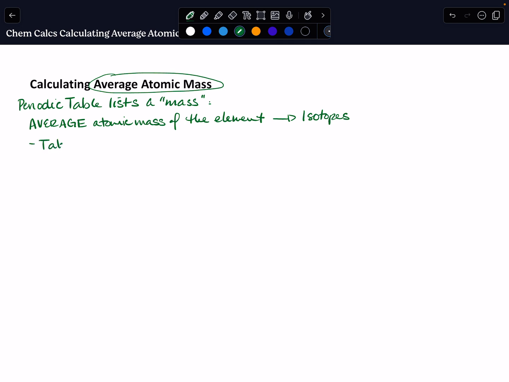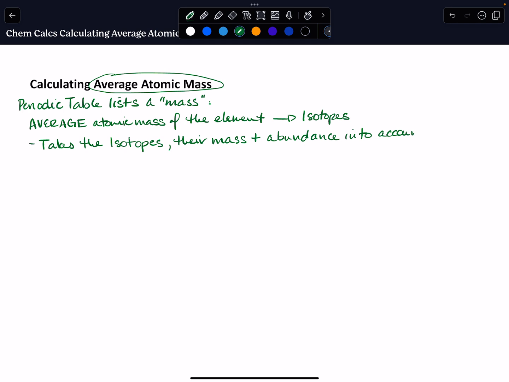So it takes the isotopes' mass and abundance into account in this calculation.